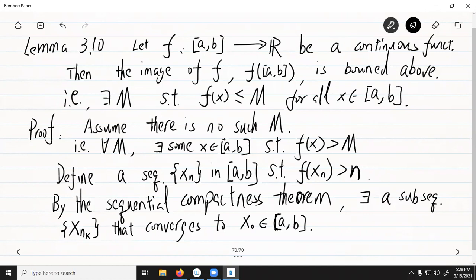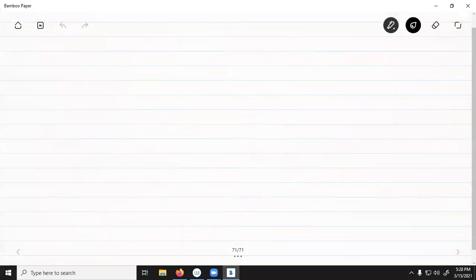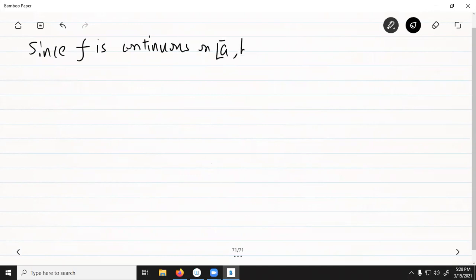So we have another condition. It says this function is continuous. We never use this condition, right? So here we want to use this condition. Since this subsequence converges to x0, and x0 is inside AB, and since f is continuous on AB, then what does this mean?